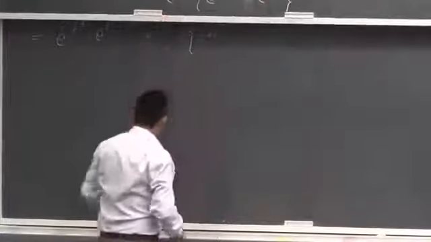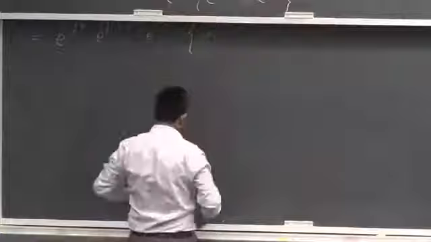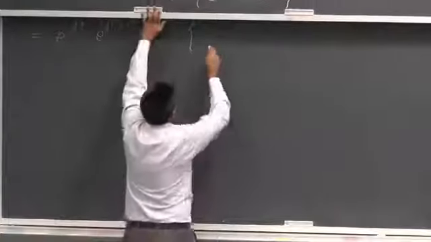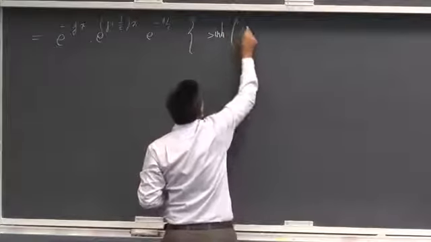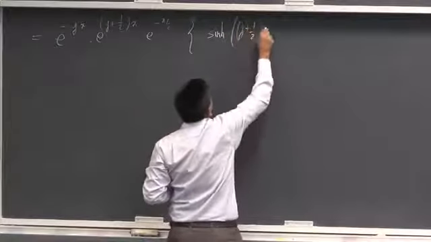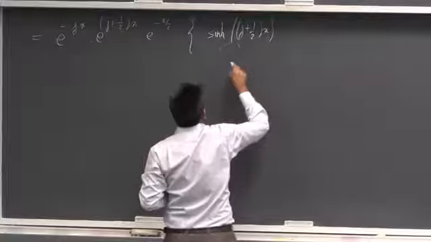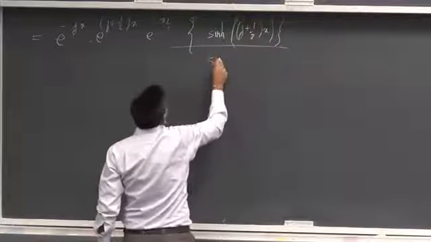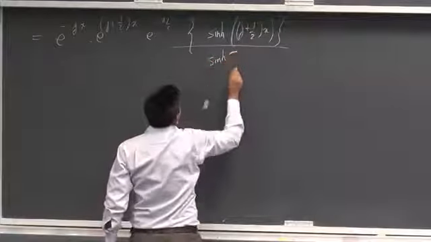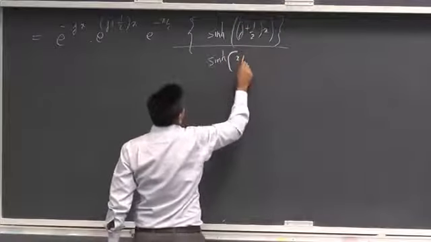So this becomes sinh of (J plus 1/2)x divided by sinh of x by 2.